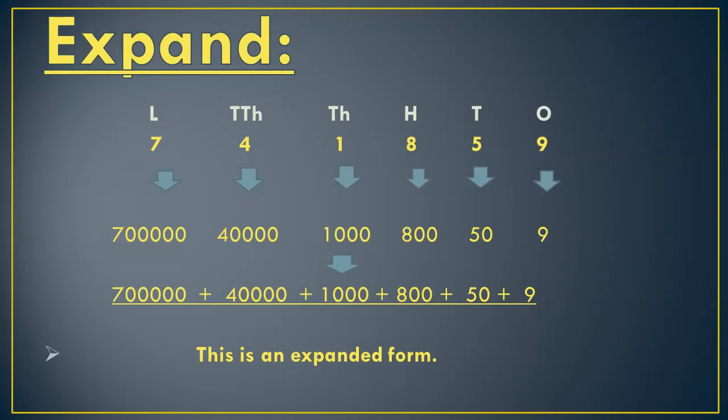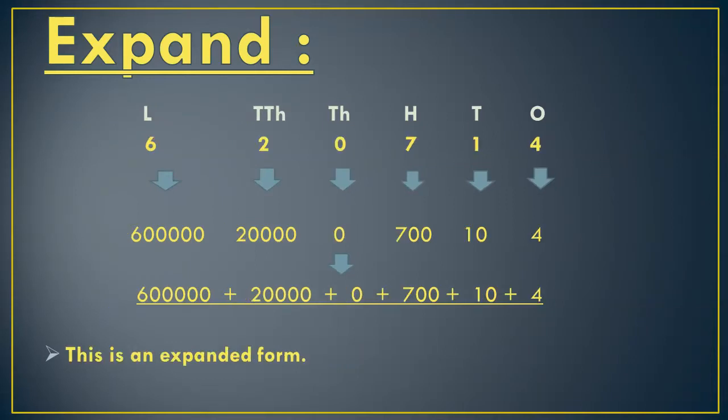So students, now there is another 6-digit number. What is the expanded form of this number? So 4 is in the ones place, then tens place, 100 place, 1000 place, 10,000 place, and lakh. So the place value of this 6, which is in the lakhs place, is 6 into 1 lakh, that is 6 lakh.